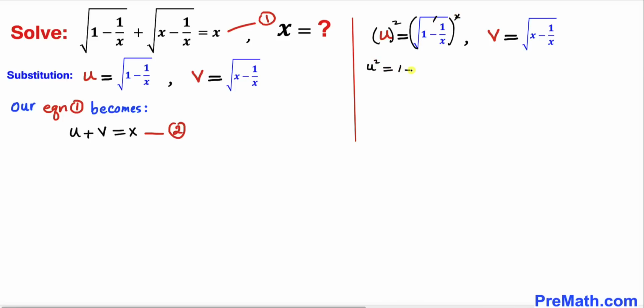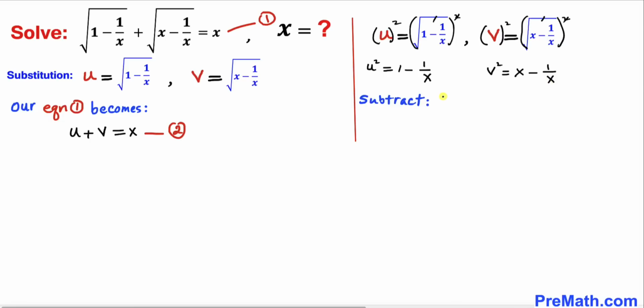We got 1 minus 1 divided by x. Likewise, we take a square on both sides here as well. So we got v square equals x minus 1 divided by x.